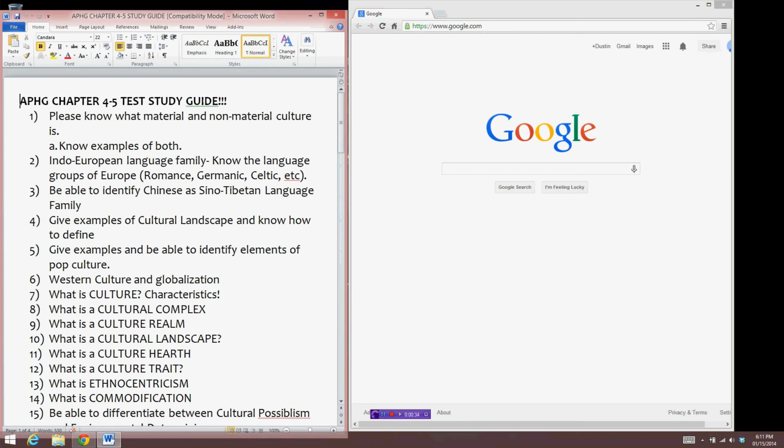So, I want you guys to know what a material and non-material culture is. What are elements of both of those things? Whenever I ask you for material culture, for example, let's say I ask you to list out a few things. Material culture are the tangible items, the items that can be held or seen or touched or used by a group of people.